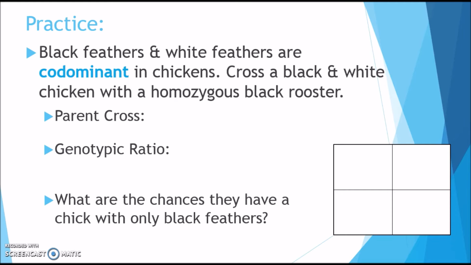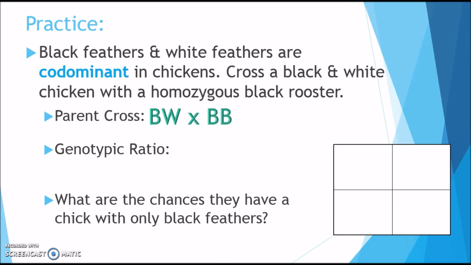So since the chicken is black and white, it's heterozygous, its genotype is going to be capital B, capital W. And the homozygous black rooster, homozygous meaning the same, he's black, that genotype of the rooster would be capital B, capital B. So this is the parent cross for a black and white chicken with a homozygous black rooster. Now to solve this Punnett square, it's a monohybrid cross, so our Punnett squares are 4 boxes.